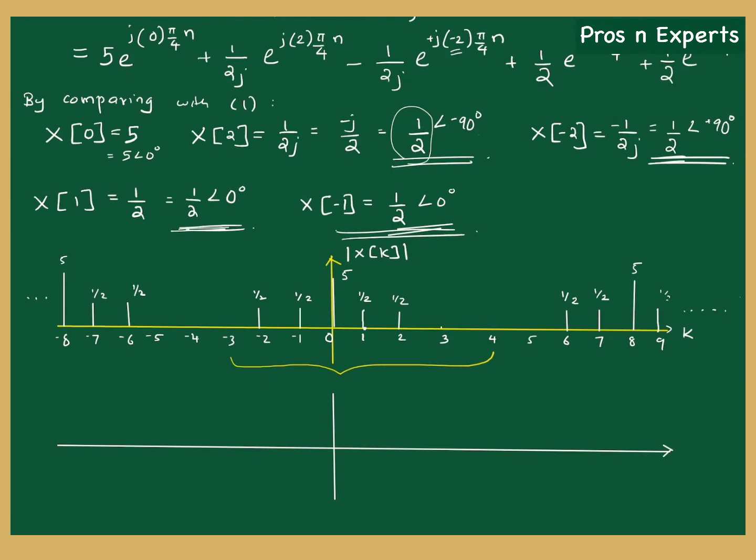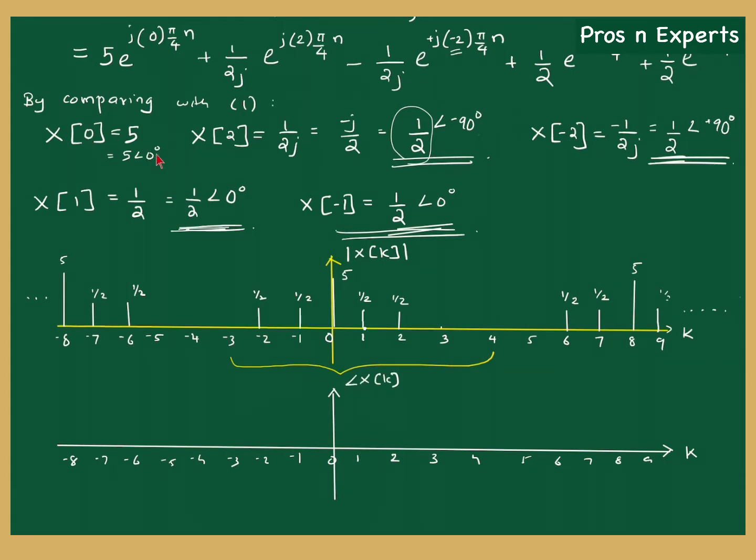That's very simple. Phase plot also is periodic with n equal to 8. So I can do it roughly. This is angle of x of k.